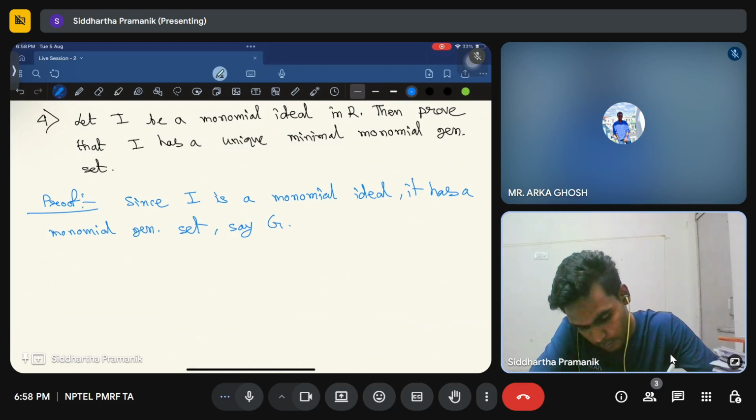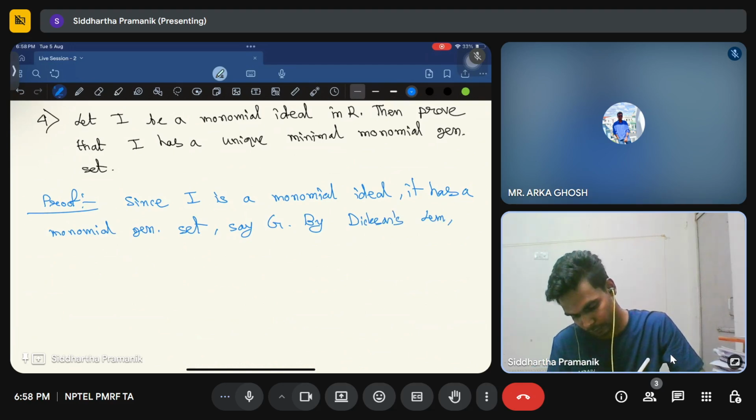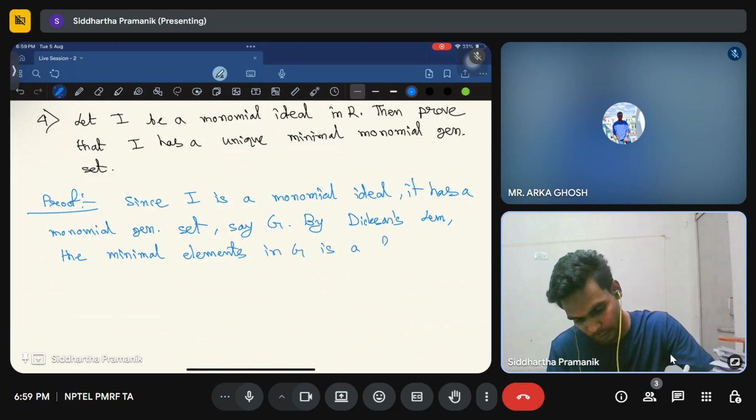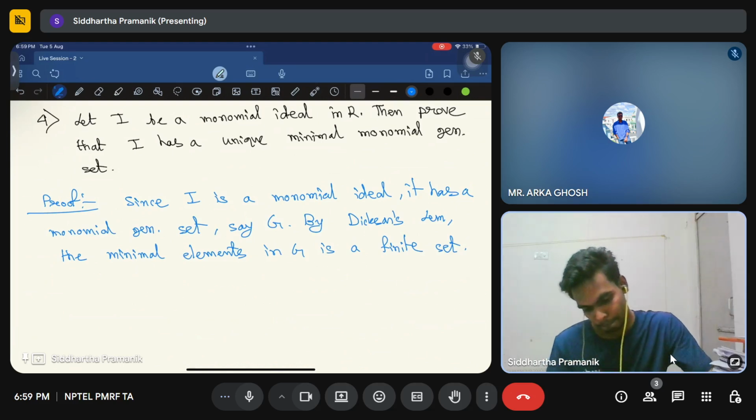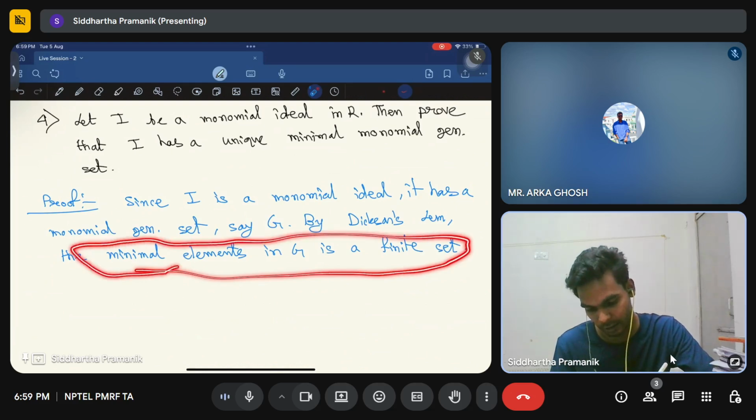So by Dickson's lemma, the minimal elements in G form a finite set. Then this minimal set can be used to generate I.